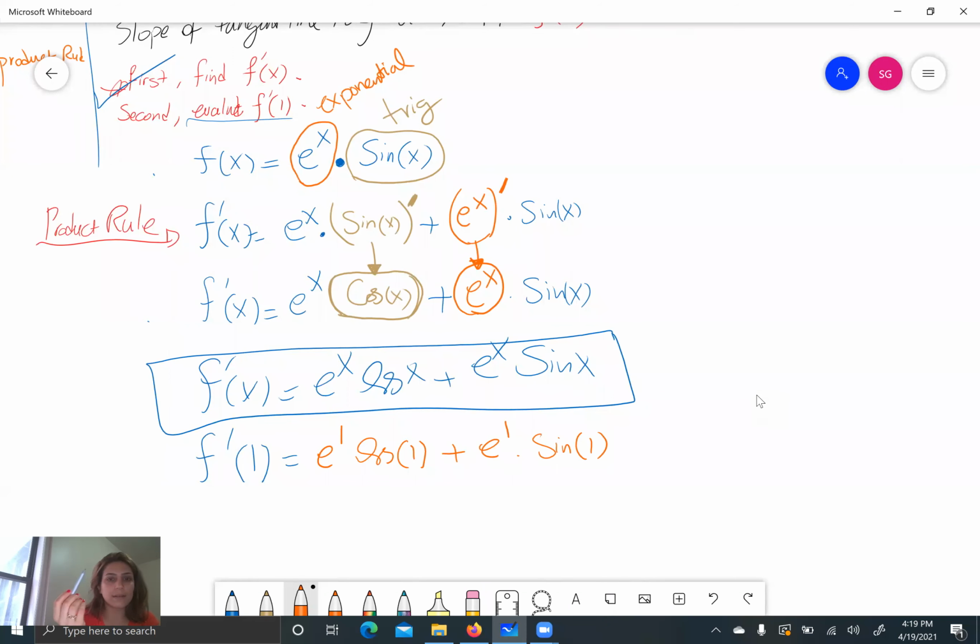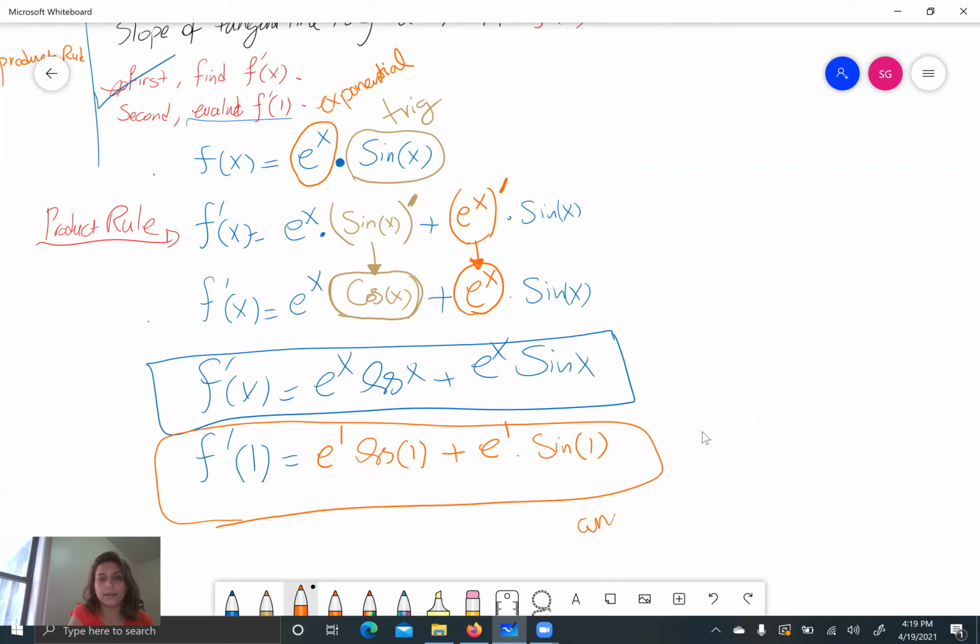You can leave your answer like that. This is the answer, the slope of the tangent line at this point.